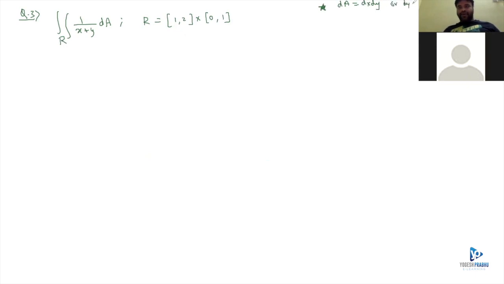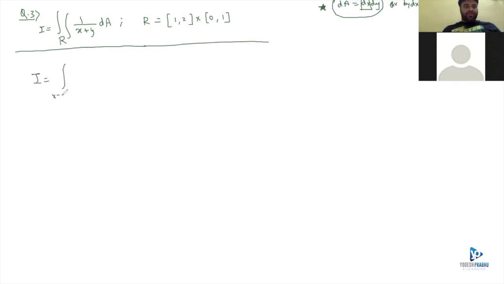We just have to write down this integral I as integral x goes from 1 to 2, integral y goes from 0 to 1 over x plus y dA.